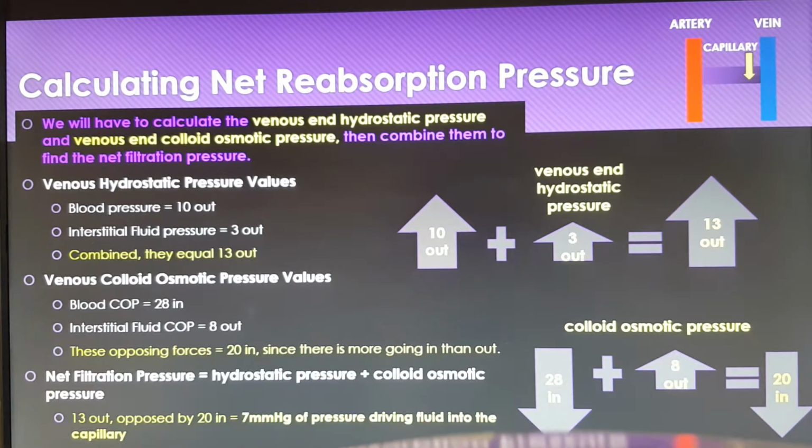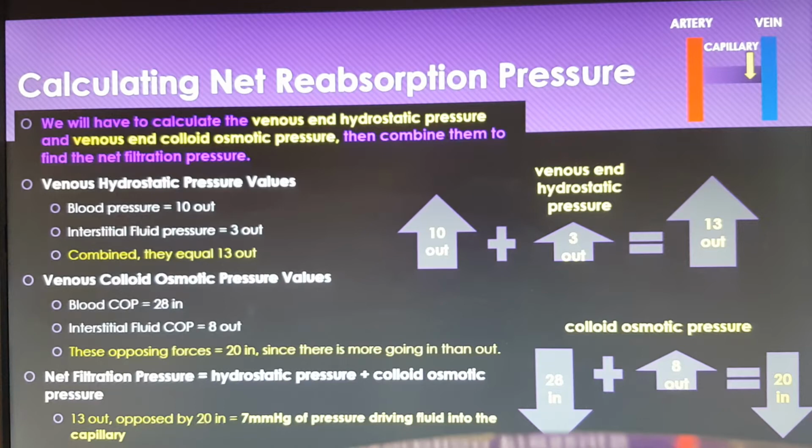Now moving to the venous end to calculate your net reabsorption pressure. Your net reabsorption pressure is your venous end hydrostatic pressure combined with your venous end colloid osmotic pressure. First, your venous hydrostatic pressure.